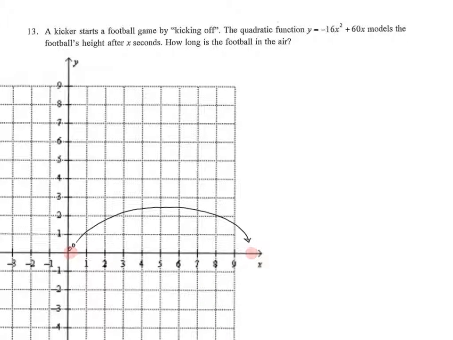And those 2 points, if you recall, are, with a parabola, the roots or the solutions, the x values when y is 0. So the other way that you could solve this is by setting this equation equal to 0 so that you can find the value of x when y is 0, which is the x-intercepts.